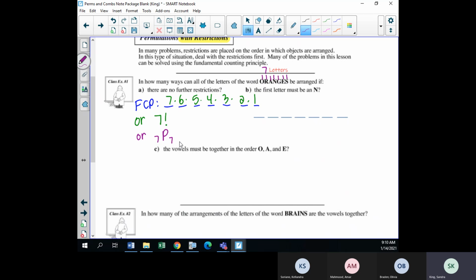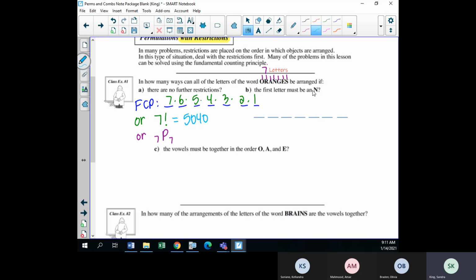The one I would type in my calculator, which I think is the most efficient, is 7 factorial, and 7 factorial is 5,040. So there's 5,040 different ways that we could arrange the letters in oranges if we used all of the letters.